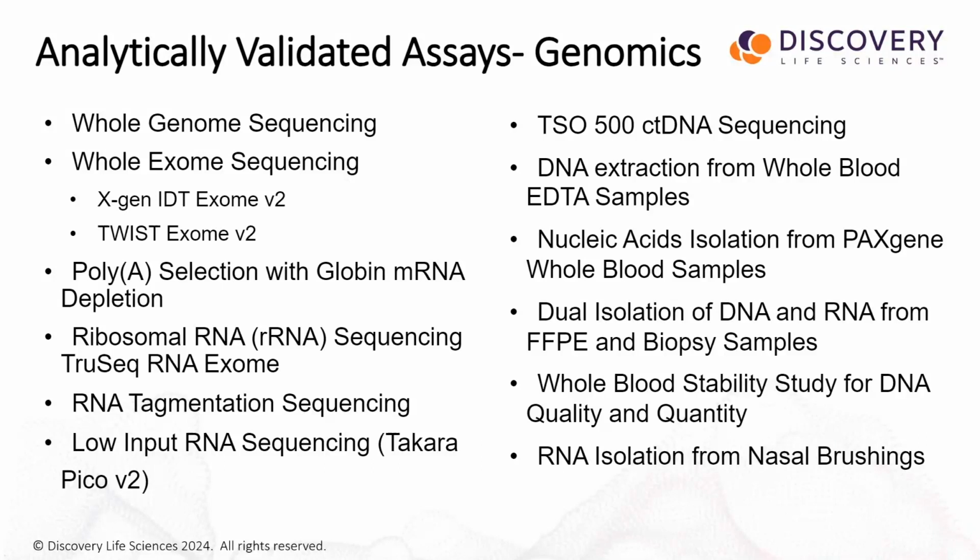They include whole genome sequencing, whole exome sequencing, using both the xGen IDT Exome v2 as well as the Twist Exome v2, poly-A library prep along with the globin mRNA depletion, ribosomal RNA sequencing, TruSeq RNA Exome, RNA fragmentation, low input RNA sequencing using the Takara Pico v2 kit, the TruSight Oncology 500, and cell-free DNA sequencing.